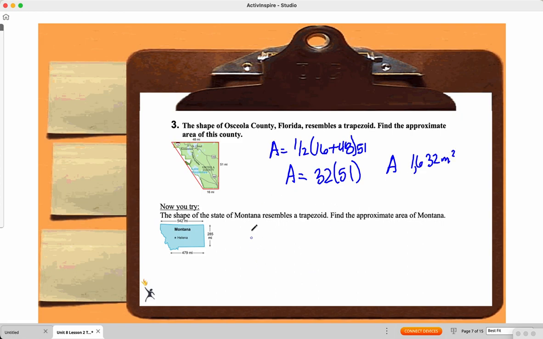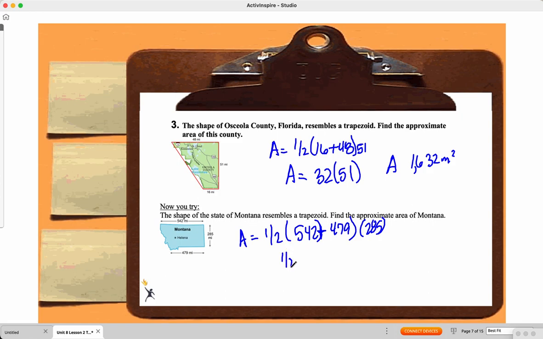Do the same thing for the state of Montana. Area equals 1/2 of 542 miles plus 479 miles times 285. So 542 plus 479 is 1,021.